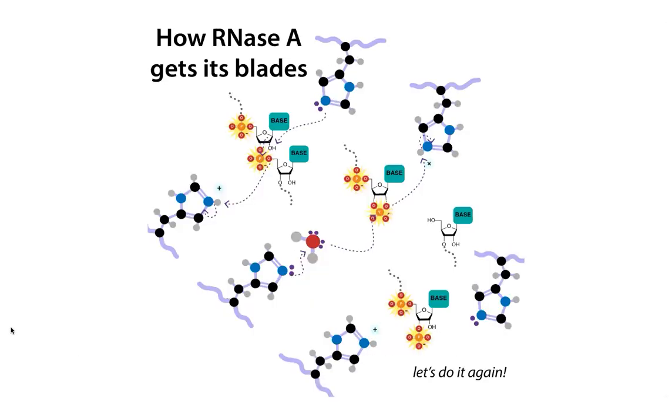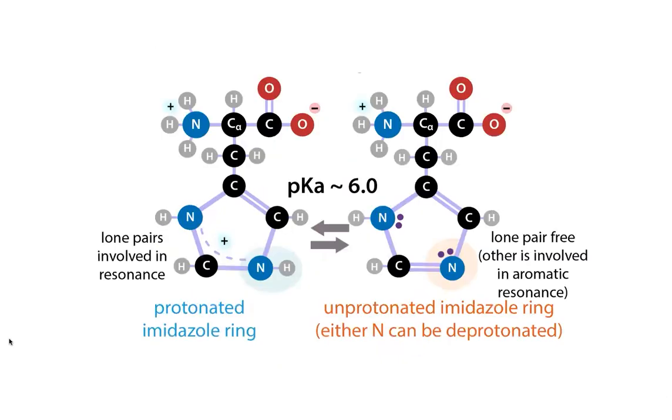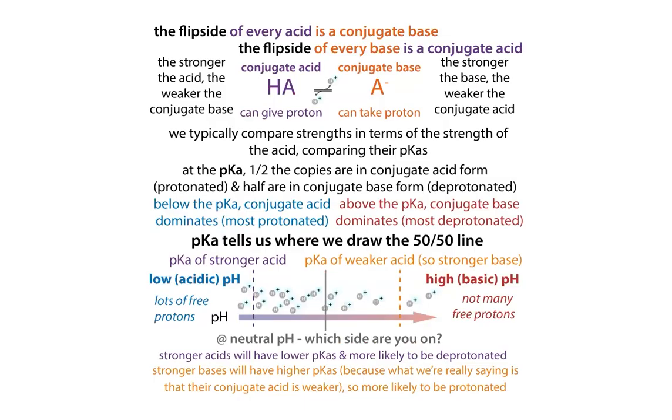In the case of RNase A, we have a ping pong mechanism between two histidines. If we think back to histidine, this is one that we can more easily see can go back and forth. It has a pKa around 6. The pKa refers to the pH at which half of something is protonated and half of it is deprotonated. If you go to a higher pH, there's fewer protons around, less than half of it is going to be protonated.